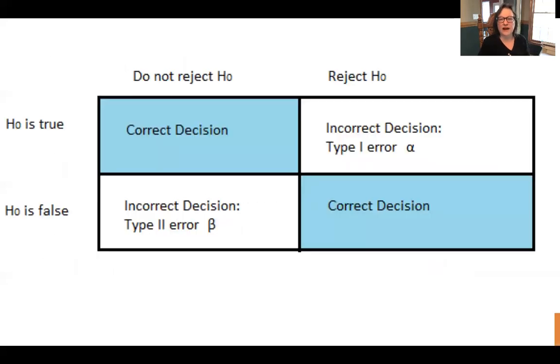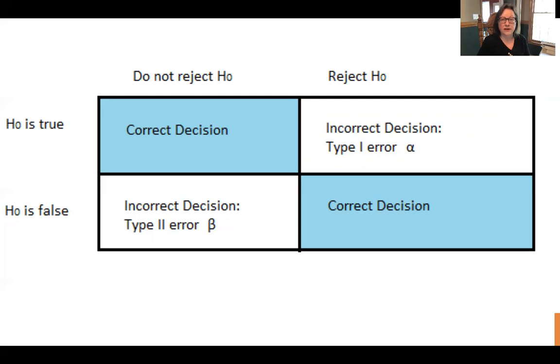Okay, so here's a little graph that might help you. H0 is the null hypothesis. If H0 is true and you don't reject it, then you've made the correct decision, right? But if H0 is true and you reject it, you've made an incorrect decision.